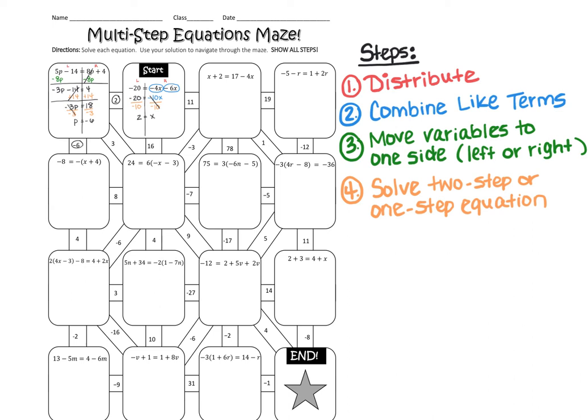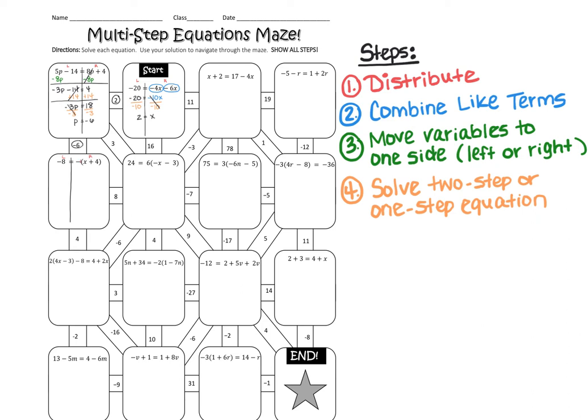I'm going to do one more because this one actually shows me one where you would have to distribute. So I draw the line where the equal sign is, label my left side and my right side. And I notice on the right side I do have parentheses. So that lets me know that I do have something to distribute.